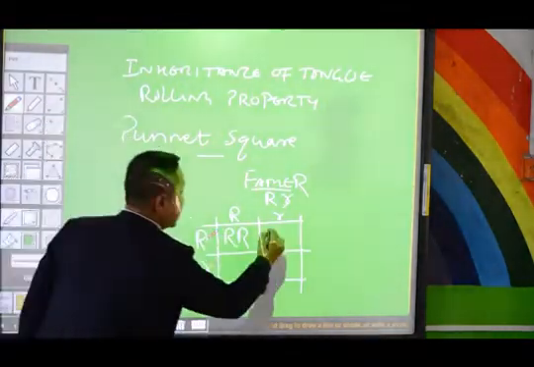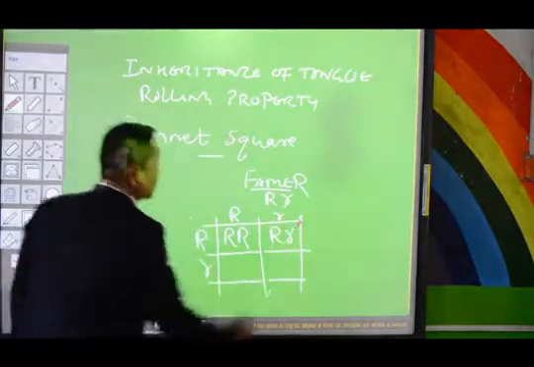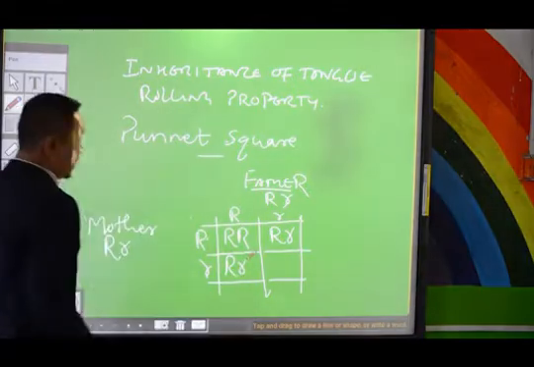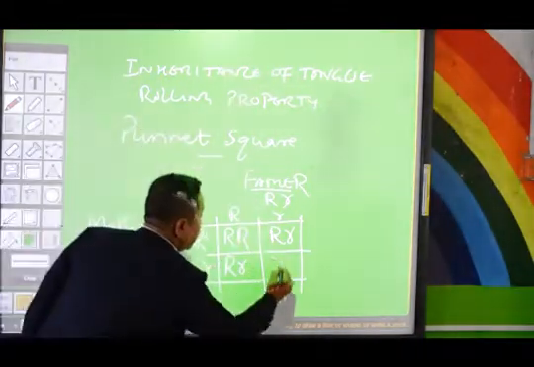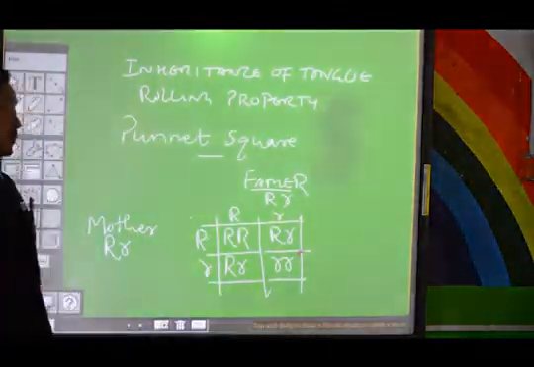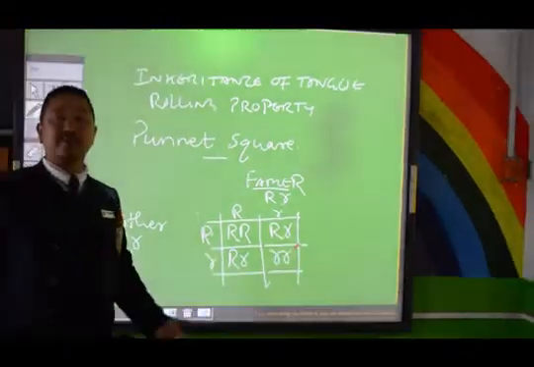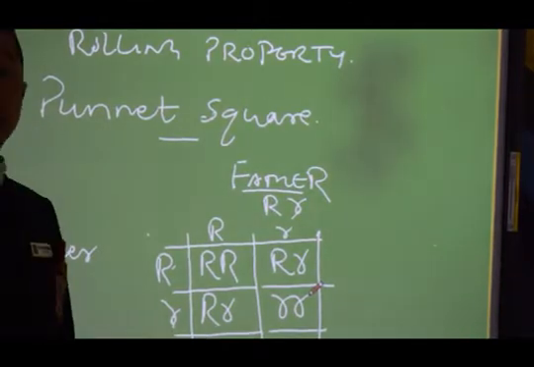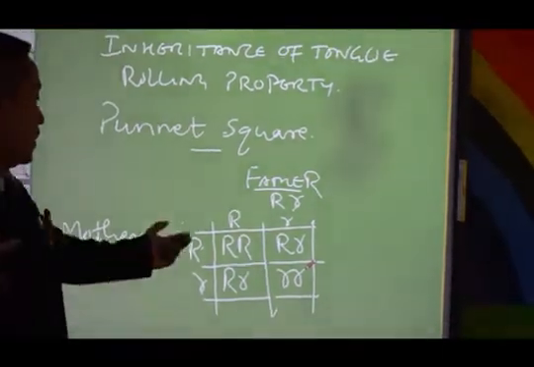Here heterozygous dominant, here again heterozygous dominant, and this R small r homozygous recessive. So in the previous case we had found 3 children, but with the help of this Punnett square we are finding 4 children.